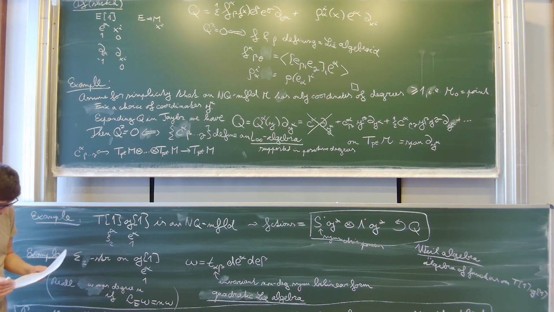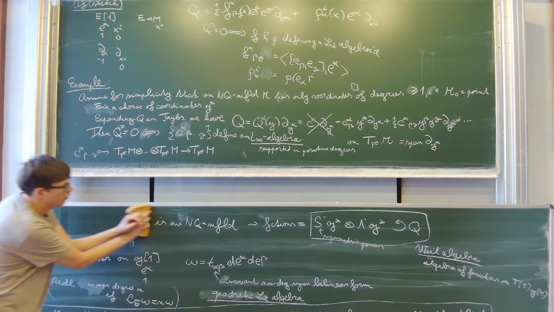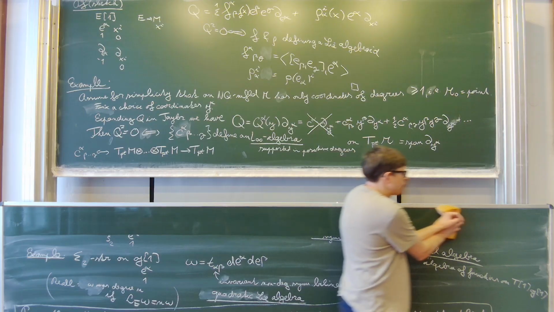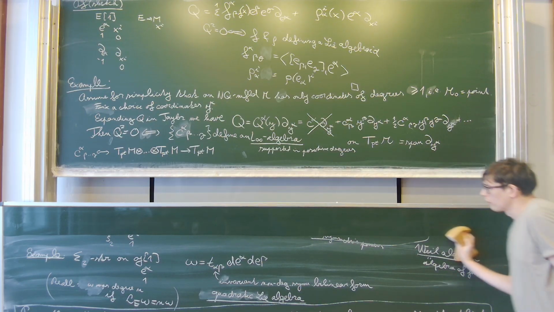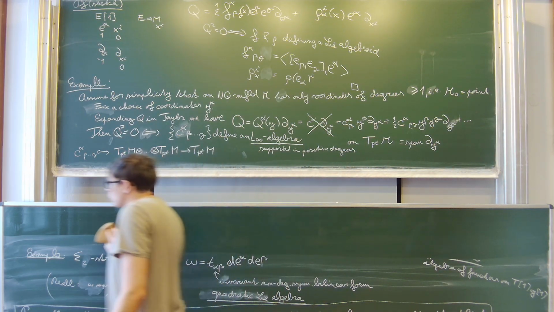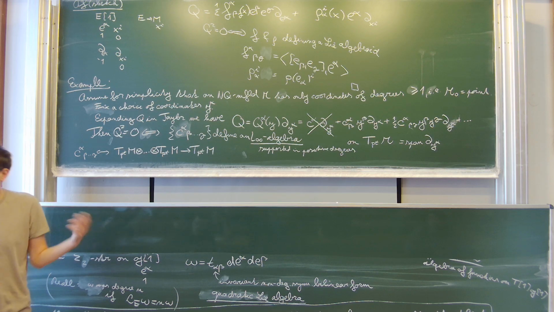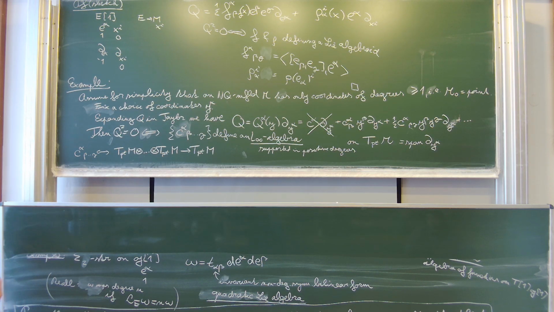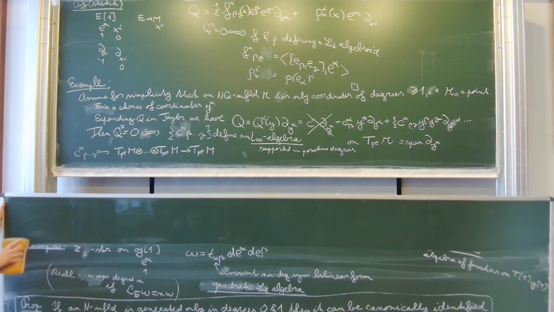And it's even better than that, because the natural notion of a morphism of L infinity algebras might look strange: you don't just consider linear maps, but also quadratic and cubic ones, with all higher components. In this language, it's just a morphism of NQ manifolds.